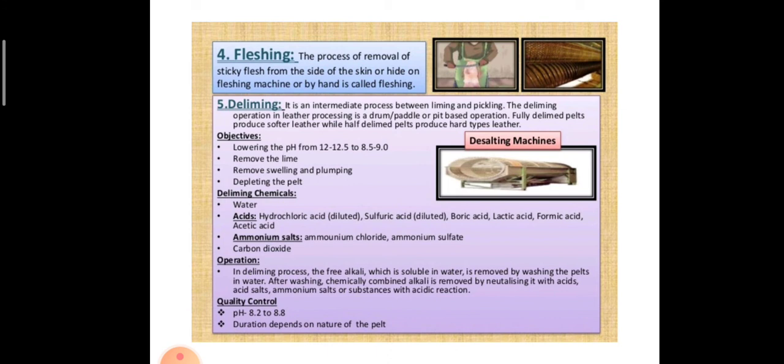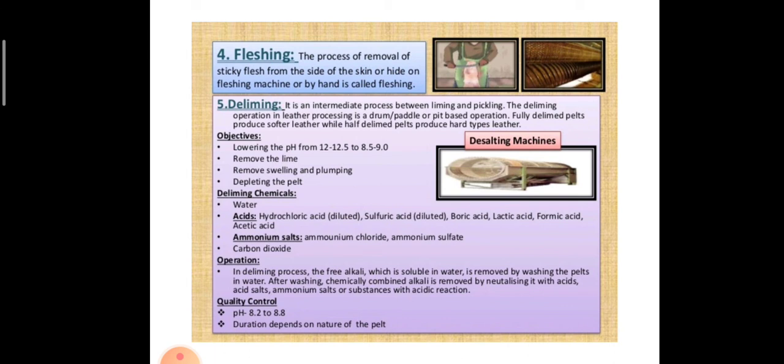Okay, 8 to 9, whereas removing the excess lime, removing the swelling and plumping effect, and depelting the pelt.